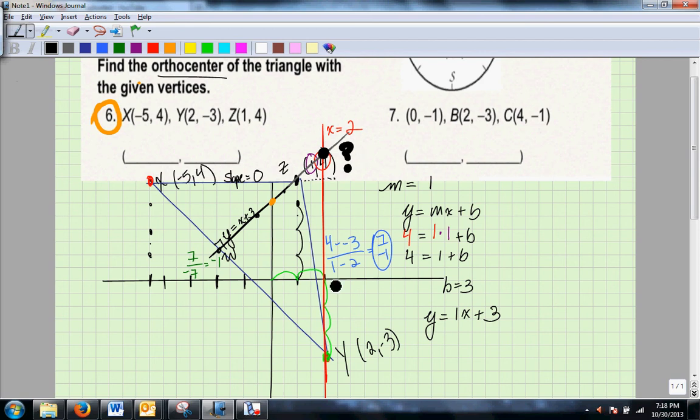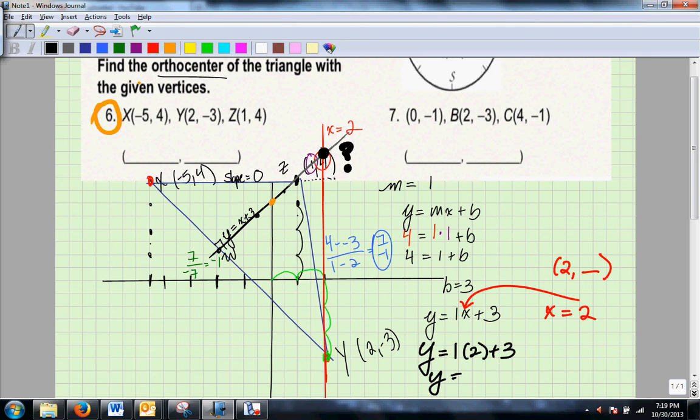So we know our other red altitude is x equals 2. So now we want to find the intersection of that. That means one of those coordinates is going to be 2, comma, then something. So we take x equals 2 and we plug it in right there. We're going to end up with y equals 1 times 2 plus 3.